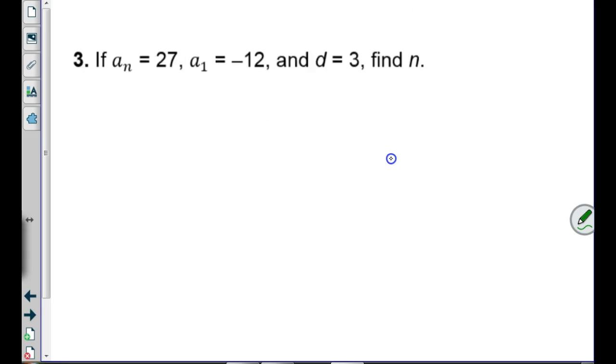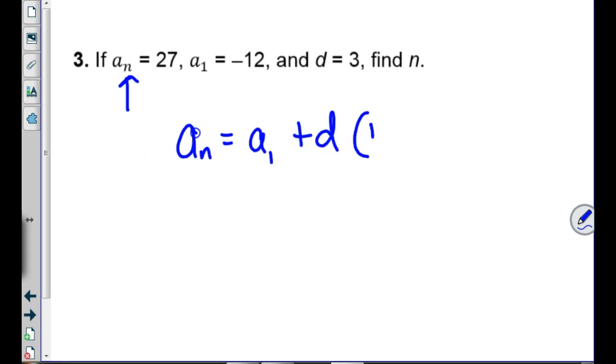All right, number 3. Uh-oh, what does this mean? We don't know what term it is. So if I write this out, what can you fill in? a sub n is 27.